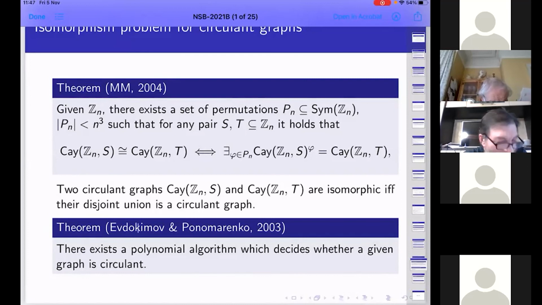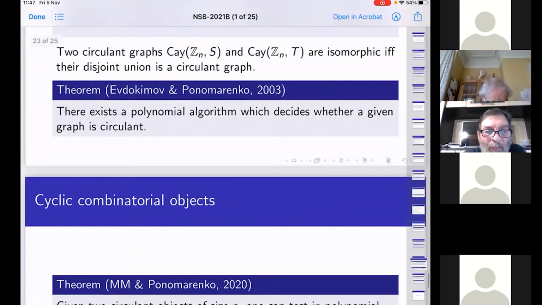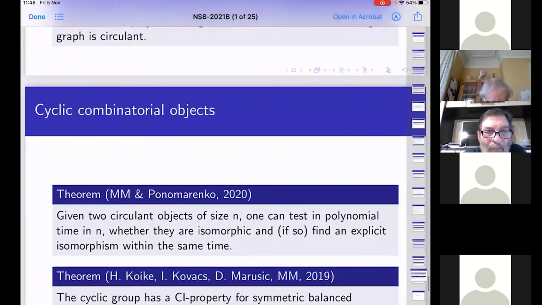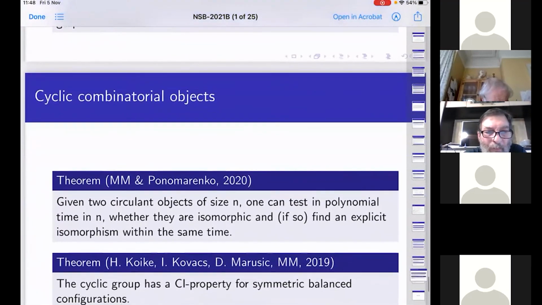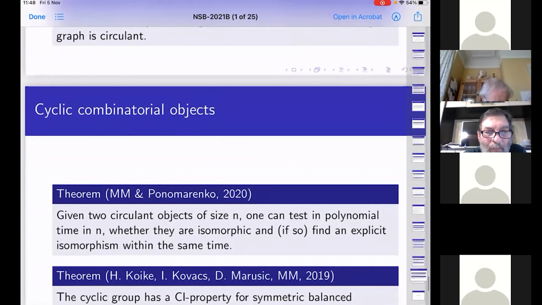Now, if I switch from graphs to arbitrary circulant or cyclic combinatorial objects, there is an algorithm which checks an isomorphism of two circulant or cyclic combinatorial objects of size n. Well, the size of the object is, so to speak, the size of input you need in order to write down your objects.